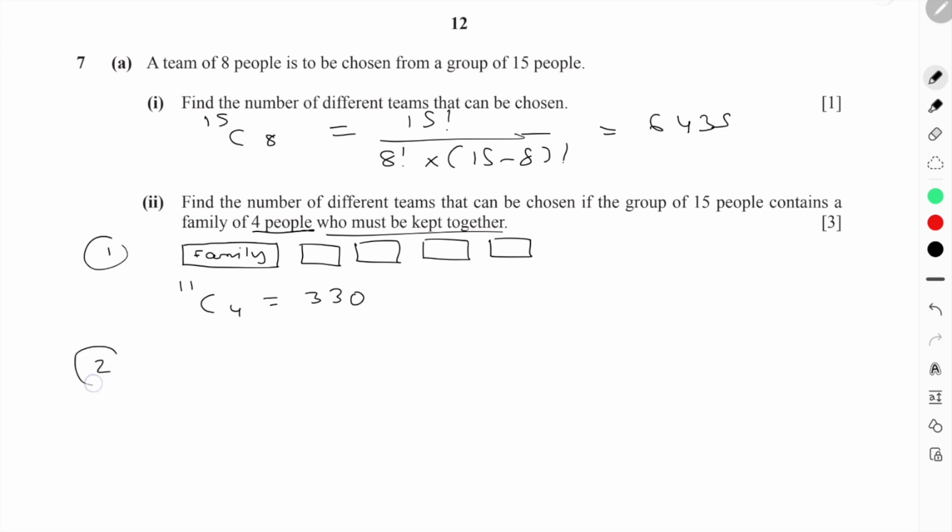And then case 2, we don't consider the family. So that will be without the family. And so you can just do 11C8. That's because we're not taking any of the members, meaning we have to select all 8 from the other remaining 11 people.